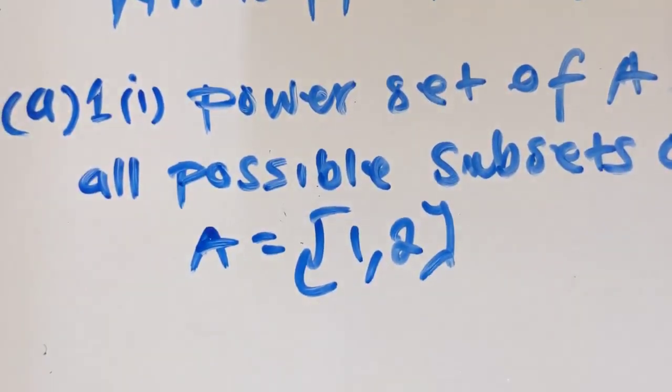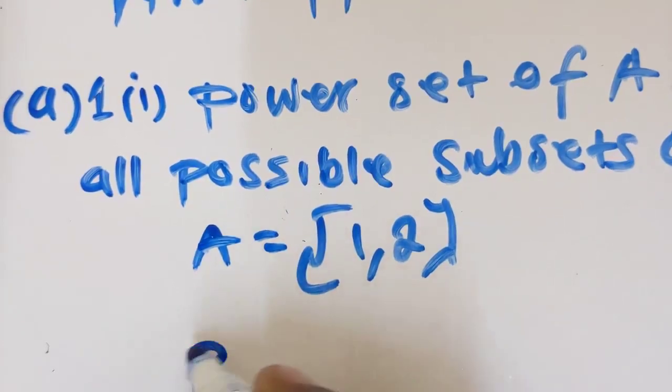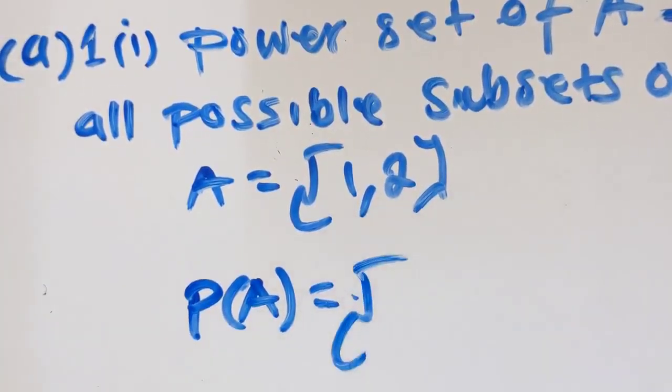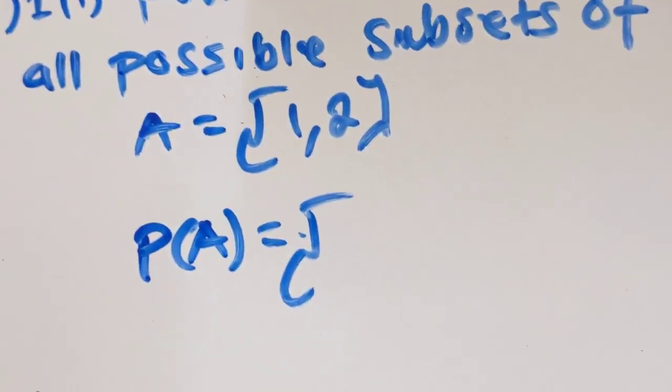Now when you're told to write the power set of set A, how do you write it? A power set of set A is denoted by P(A). If you're told to list the members of a power set of set A, you're not supposed to forget that an empty set is a subset of every set.